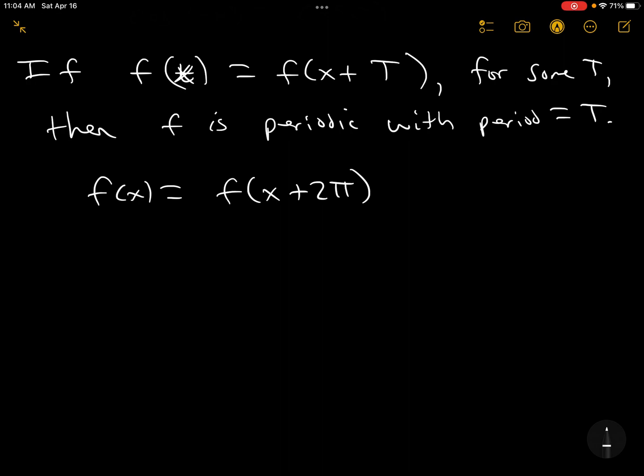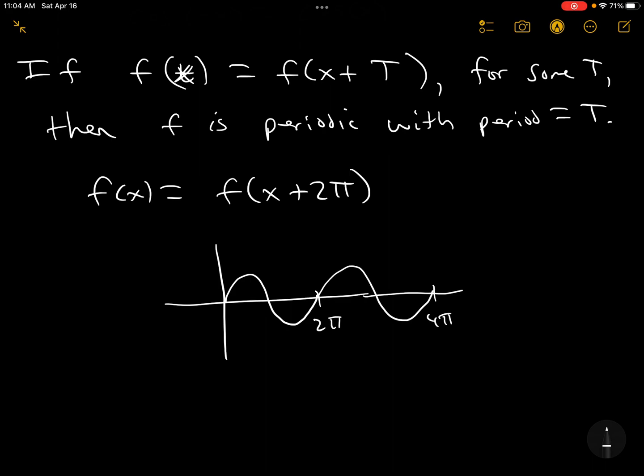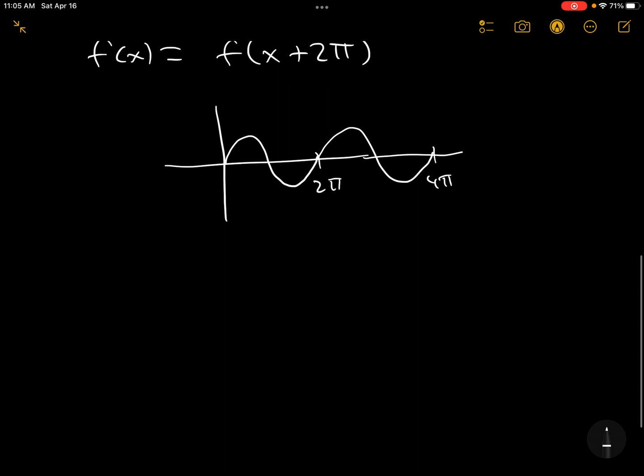It just says that if you take a copy of the function on its entire period, you can keep copying it over. So if you take sine from 0 to 2 pi, you just keep copying this over and over again forever. Okay, so that's from Math 100.